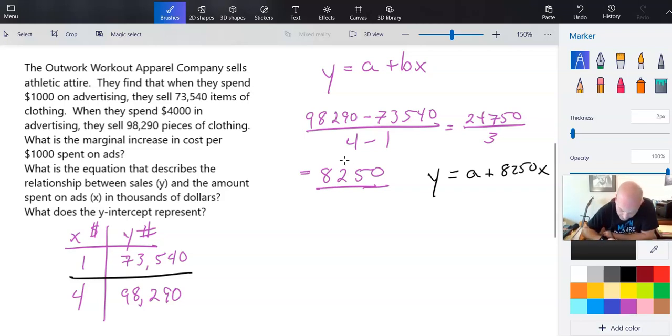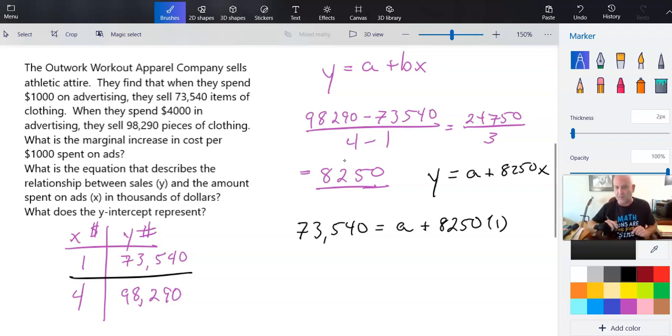Let's see here. So y is 73,540, and that's equal to a plus, let's see, b was 8,250 times x, and x is 1. So that makes my math a lot easier because multiplying by 1 is easy. So now we just need to subtract that over.